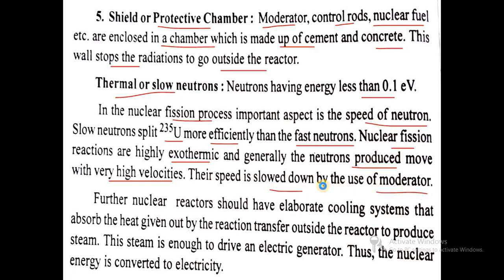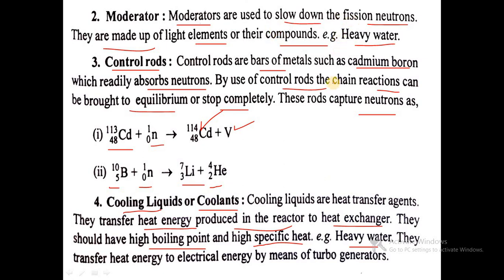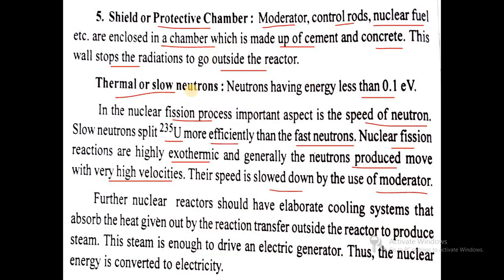In the previous slide we saw that heavy water is used as a moderator to slow down the speed of neutrons. Further, nuclear reactors should have elaborate cooling systems that absorb the heat given out by the reaction and transfer it outside the reactor to produce steam. This steam is enough to drive an electric generator. Thus the nuclear energy is converted into electricity.